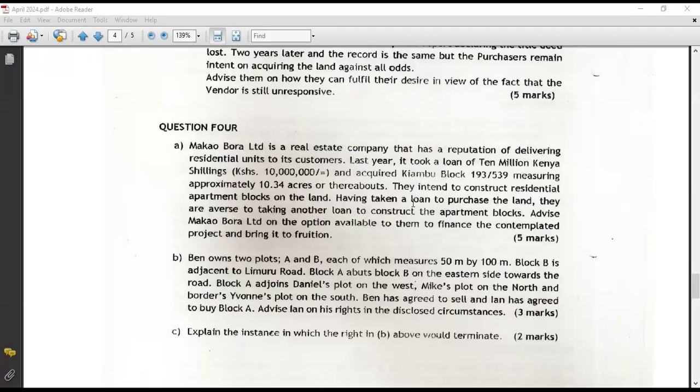So a purchaser or a buyer who is interested is going to sign a purchase agreement with Macaobora Limited and make the initial deposit. Of course, it will be subject to the agreement. So as construction progresses, the investors, the buyers, the purchasers, you can use any term interchangeably, may make regular payments according to the agreed payment schedule.